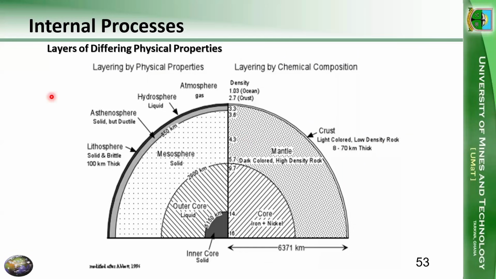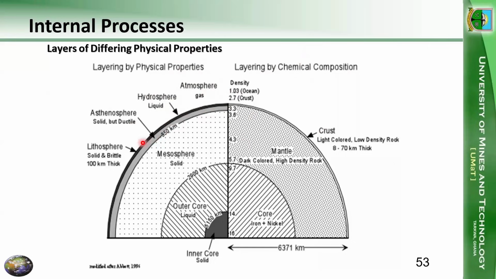So that is the compositional layers. We can look at the layers in terms of physical properties and then chemical composition. As far as the physical properties are concerned, of course, we know we have the atmosphere, then the hydrosphere. Then when we go down, we have the asthenosphere.